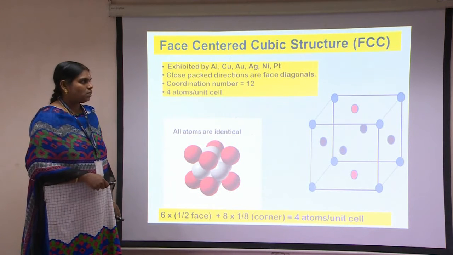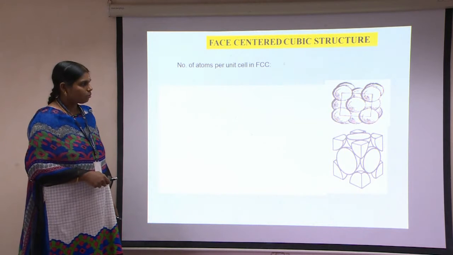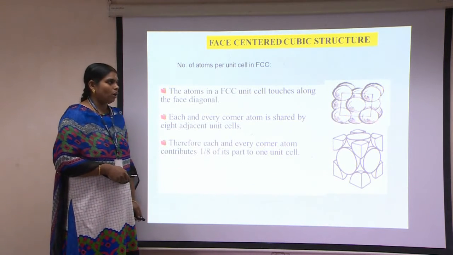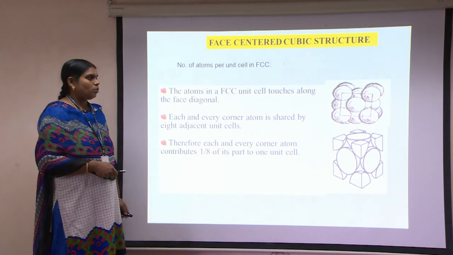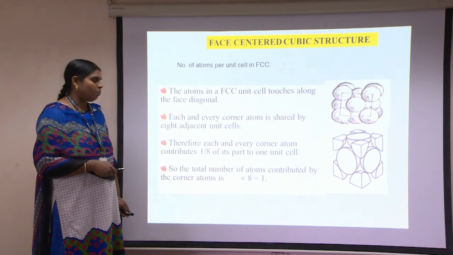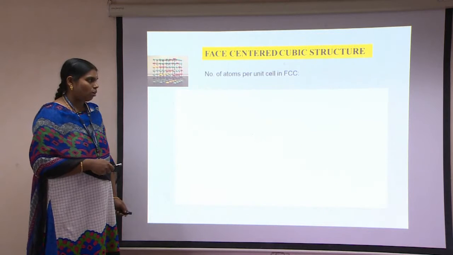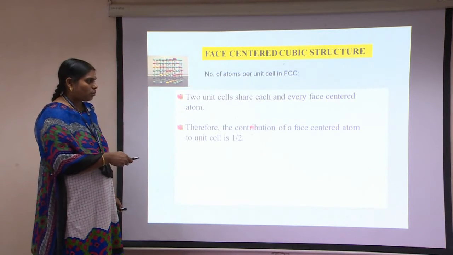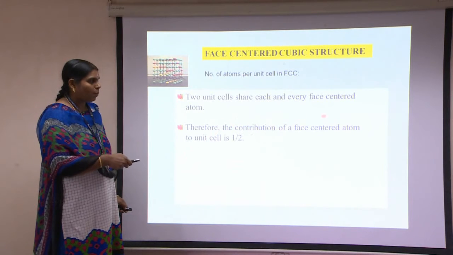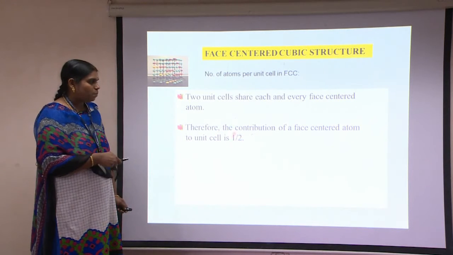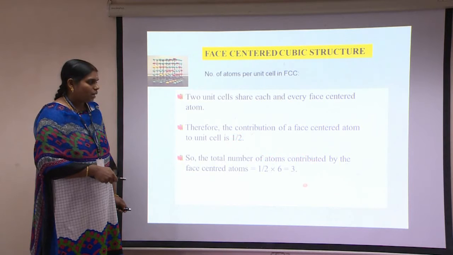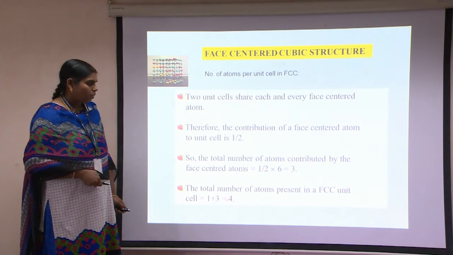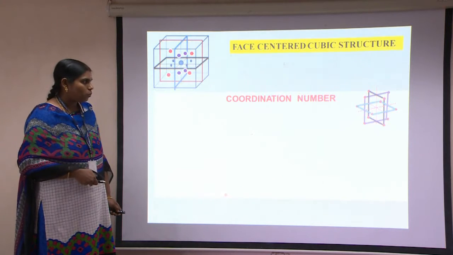The second characteristic is the coordination number. For an FCC structure, it seems to be a complicated derivation or a complicated figure, but it's quite easy to understand. We saw that the sharing by a face centered atom is half, giving 1/2 × 6 equal to 3, and combining with the corner contribution we get 4.